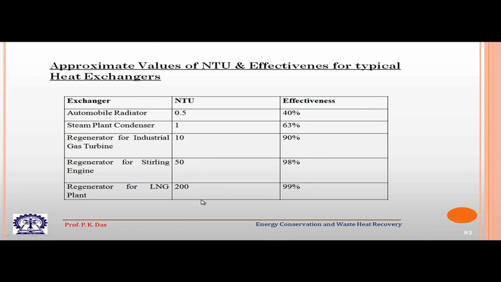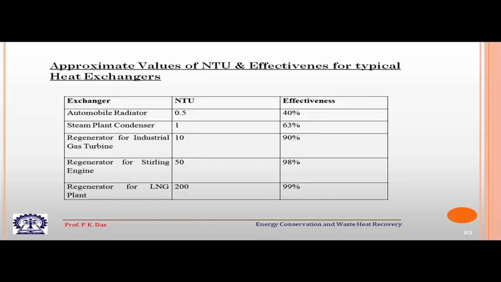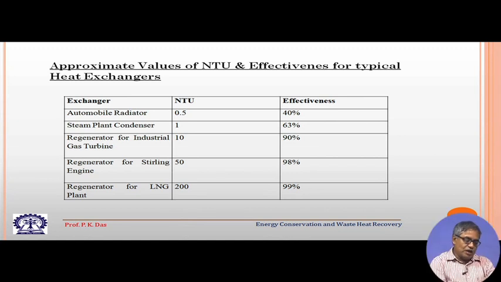So, this is a kind of exponential behavior, and you know that effectiveness, a theoretical value without violating the laws of thermodynamics, could be 1, and to approach 100% effectiveness, we have to have NTU of the order of infinity. That means the heat exchanger should be infinitely large, or an infinite amount of heat transfer area is available.